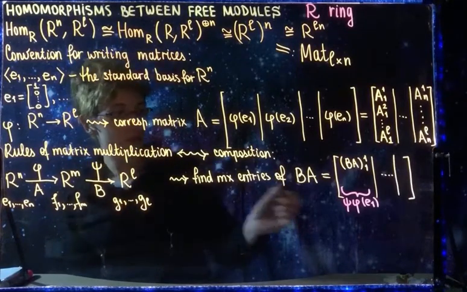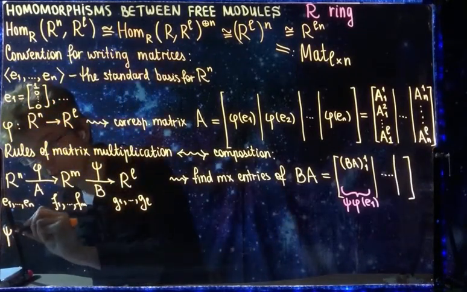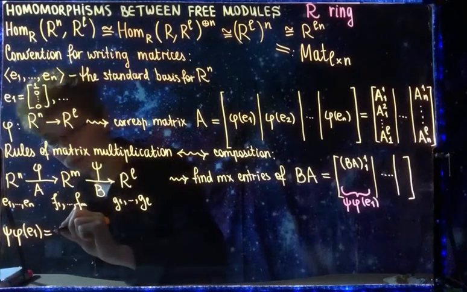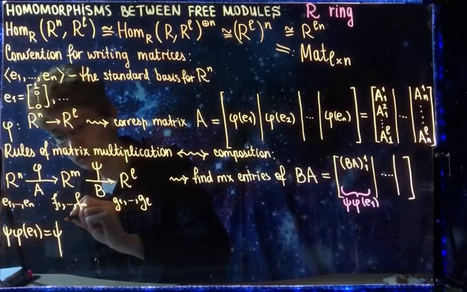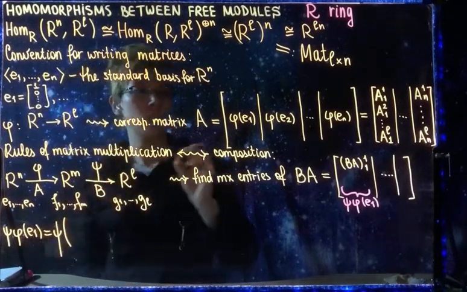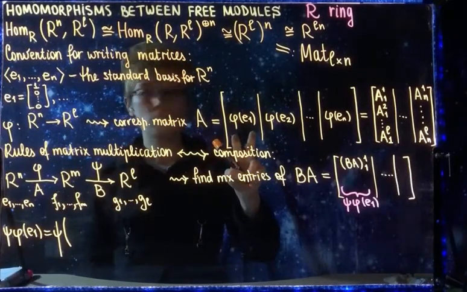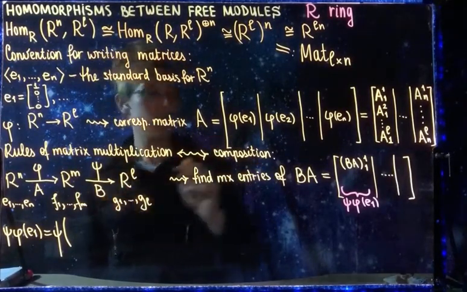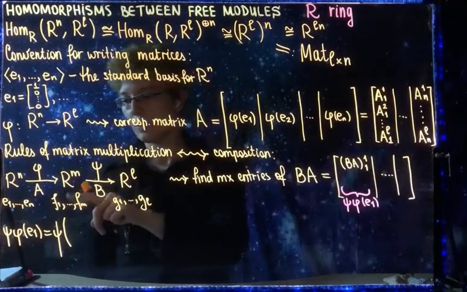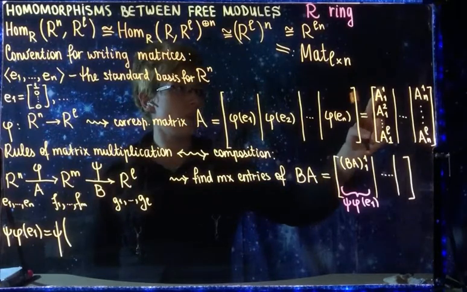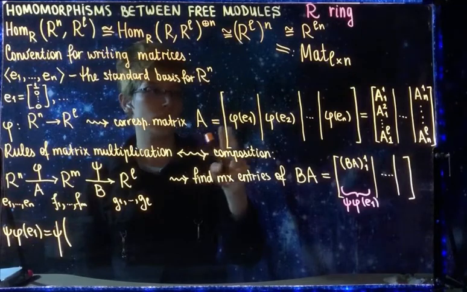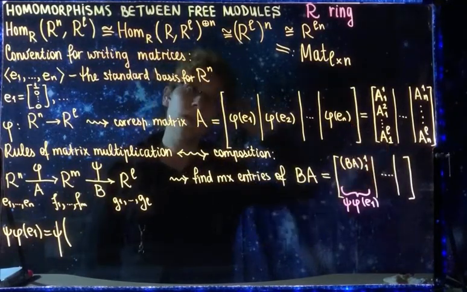Okay. So let us compute what psi phi of E1 is. It is equal to psi applied to, and we recall how the matrix A looks like. So we take this to be the coefficients of the standard basis in Rn. And this will be the image of E1 under phi. So this is the matrix corresponding to phi.